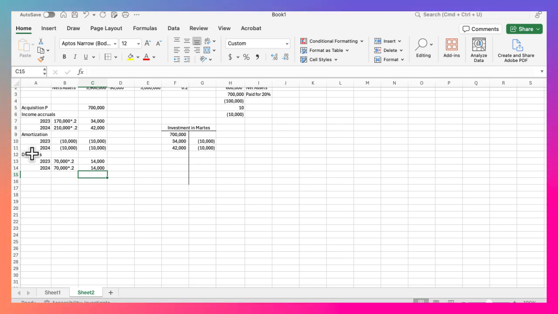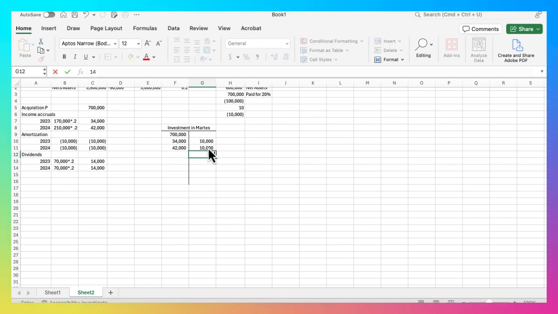When the investee pays dividends, we have to decrease the balance in our investment account by the amount of that dividend, okay? So bear with me here. I'm going to make this 10,000 because I don't want these negatives. And I'm going to plug in the dividends here. So I can go ahead and calculate, hey, what's my ending balance?